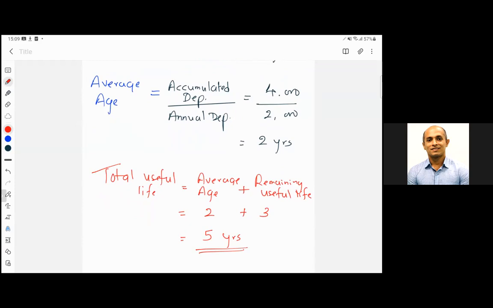Now, according to the financial statements, by looking at the property, plant and equipment note, you can estimate this asset's total useful life. You can compare your estimated total useful life with the company's accounting policy.